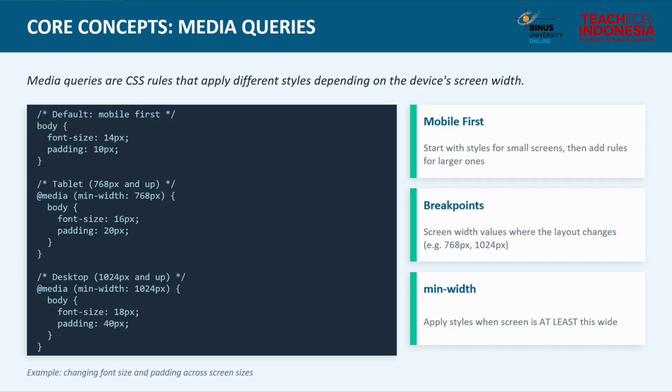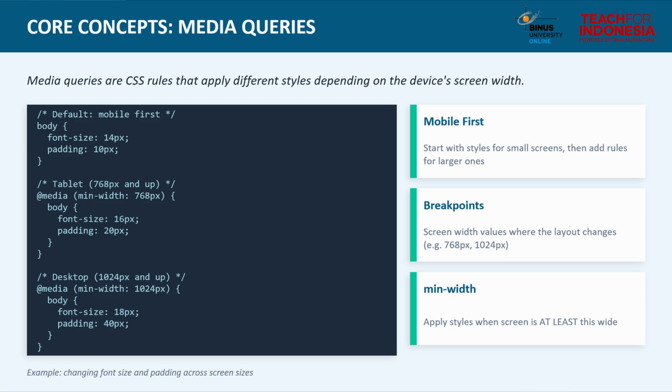Now, let's talk about the most important CSS tool for responsive design: media queries. A media query is a CSS rule that says, apply these styles only when the screen is a certain size. For example, you can say if the screen is at least 768 pixels wide, make the font bigger.